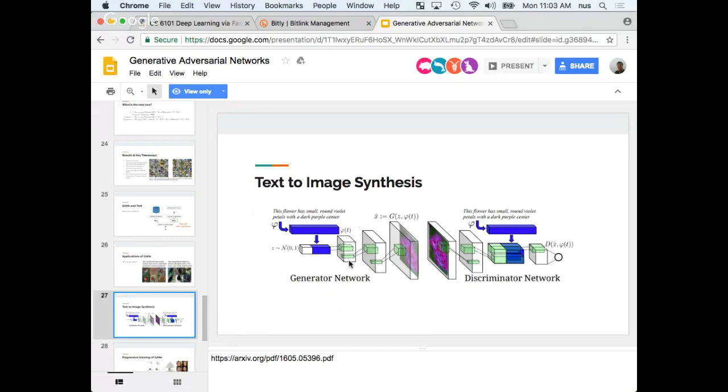And when your discriminator is identifying whether it's real or fake, it also has access to the same word vector. So this is the key takeaway: as long as you concatenate it and give access to it for the discriminator as well, you can actually generate images from text using a description.